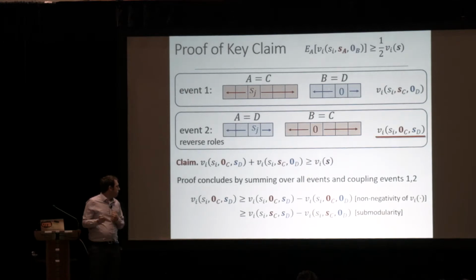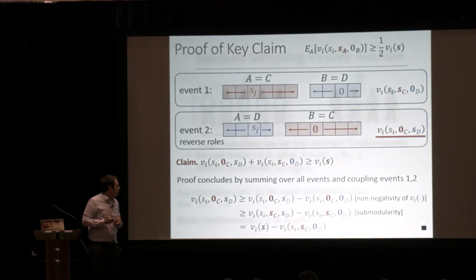And now by submodularity, this difference is larger than the difference if we take the signals of C. So if we take the signals of set C and have the same difference, then we can use submodularity to see that the effect is smaller than if we zero out the signal of C. This is basically just a corollary of submodularity. And now we're basically done, because the left-hand term is just the real value, and the right-hand term is just the value in event 1. So we can move sides and get what we want to prove. So it's a pretty simple proof.